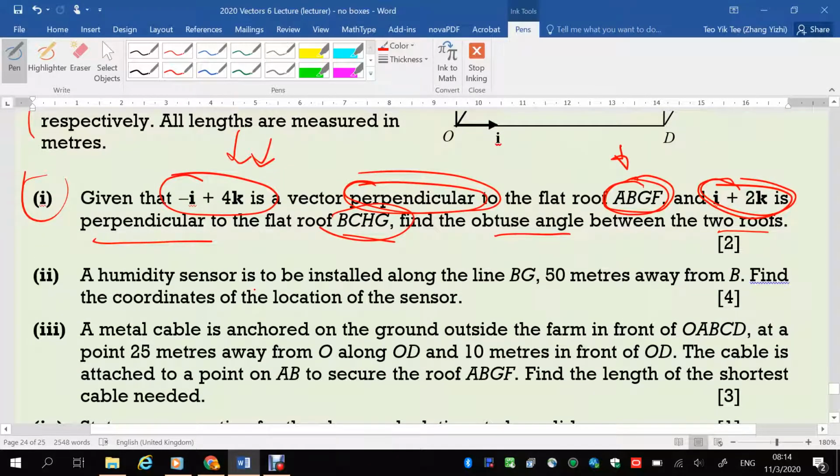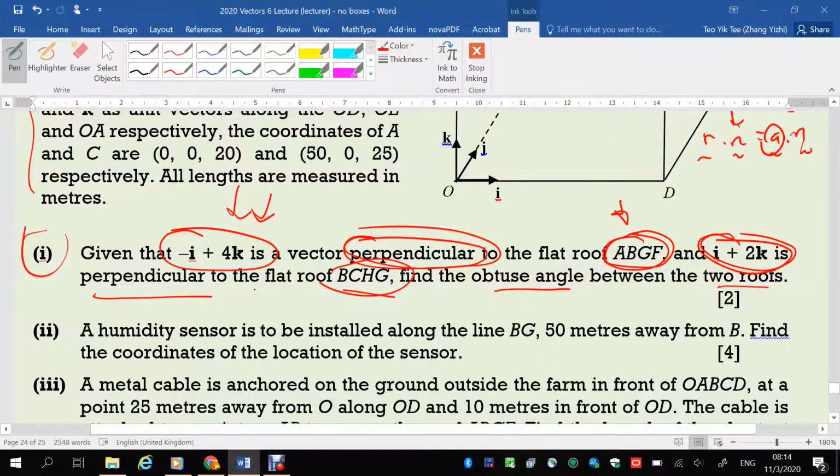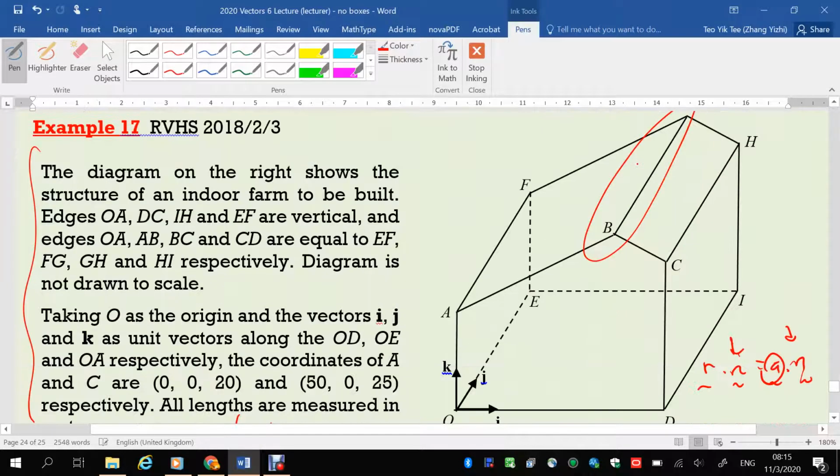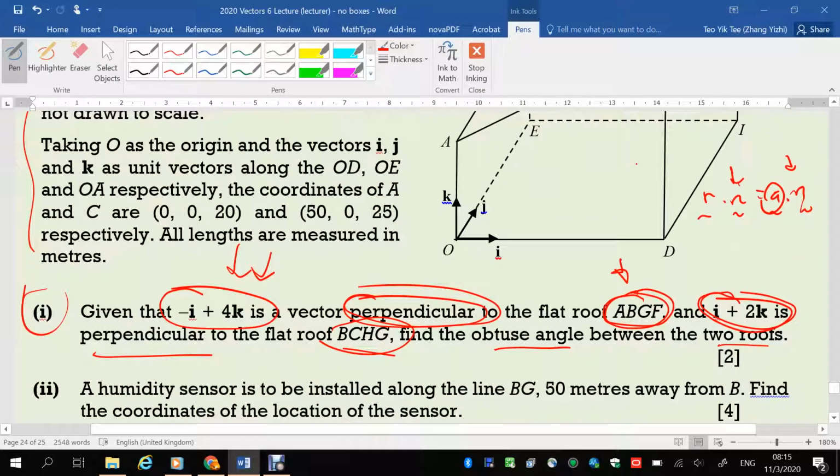Next, a humidity sensor is to be installed along the line BG, 50 meters from B. Your job is to find the coordinates of the location of the sensor. The sensor is on the line BG, and BG happens to be the line of intersection of your two roofs.